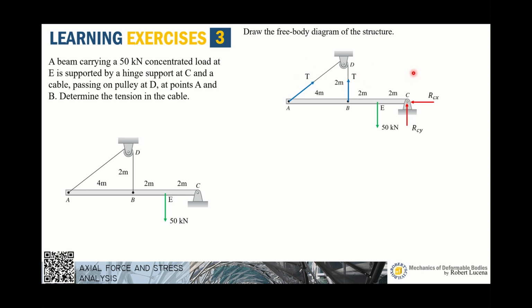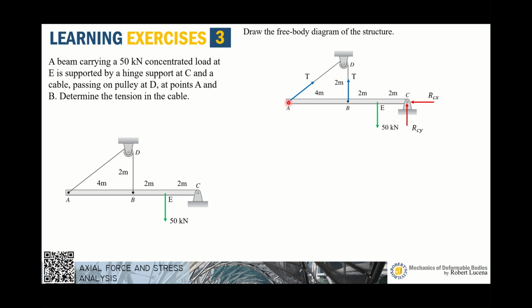So performing summation of moment will allow us to solve for T, but let's first resolve T so we can solve for the moment induced by this force. As you can see, this is an inclined force, so it is better to resolve it anywhere along its line of action, provided that we can easily determine the moment arm.